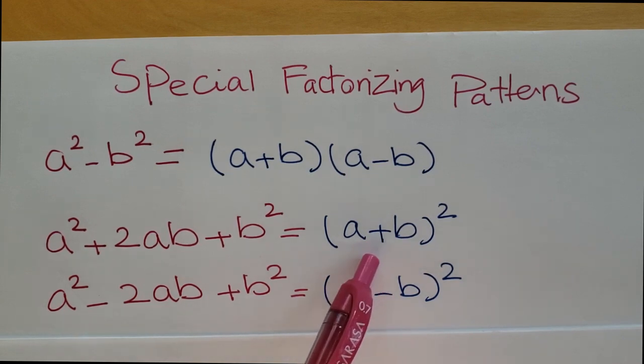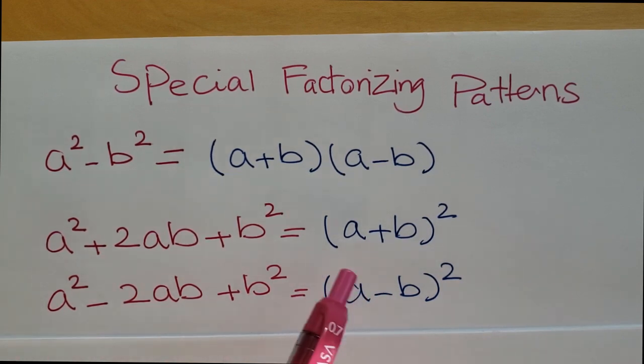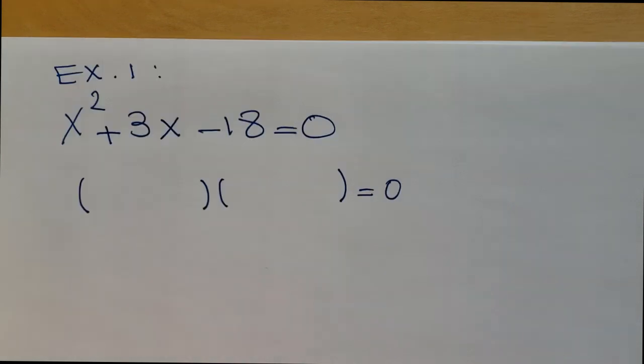Here would be positive, here would be negative. Other than that, it's very similar. As I just mentioned, you could use them in many different scenarios, from equations, simplifications, divisions. Let's do a few examples to see how it works out.